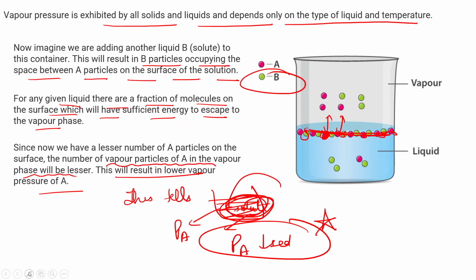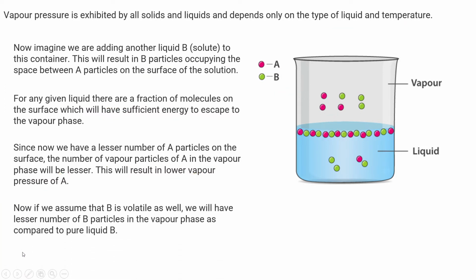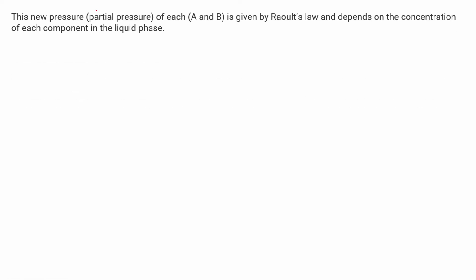So we can say that if we assume B is volatile as well, we will have a lesser number of B particles in the vapor phase as compared to pure liquid B. Therefore, the new partial pressure of each component is given by Raoult's law, depending on the concentration of each component in the liquid phase.